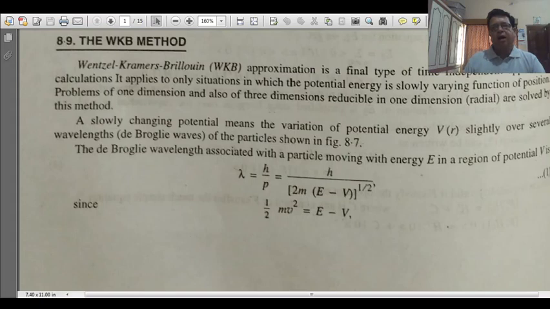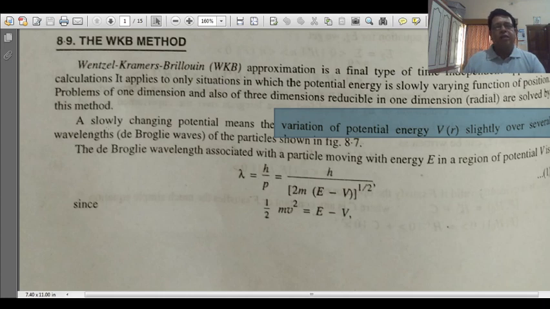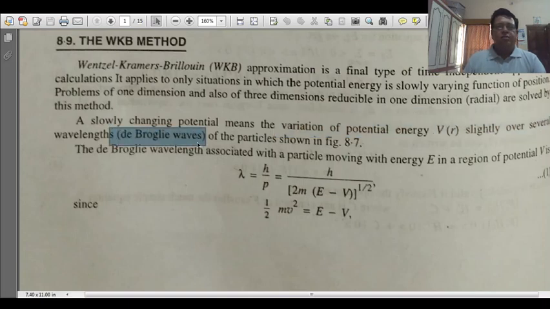The meaning of slowly changing potential is the variation in potential energy V(r) being slight over wavelengths of the particles, or de Broglie waves. This point is very important for this approximation.